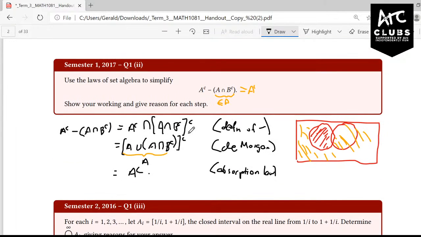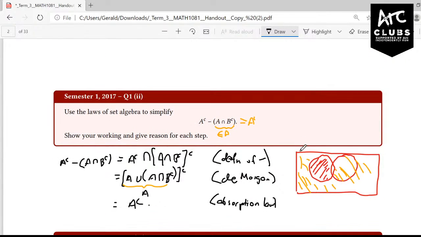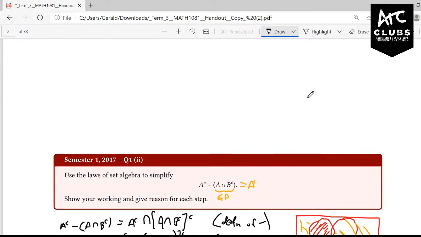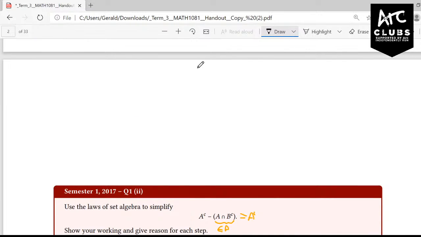Yep, I can explain the absorption law. One of the laws that we have is the following. If we take a set A, and then we take the union of the set itself and the intersection of something else, B, then we can use what we call the distributive law and expand that out.